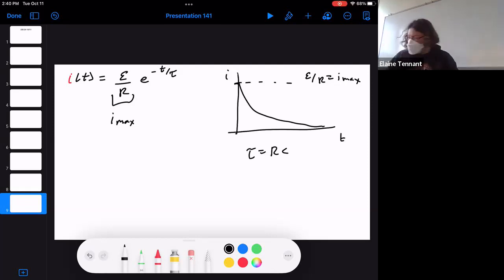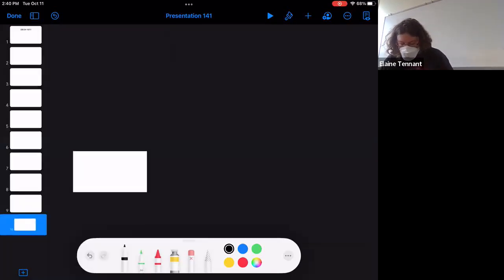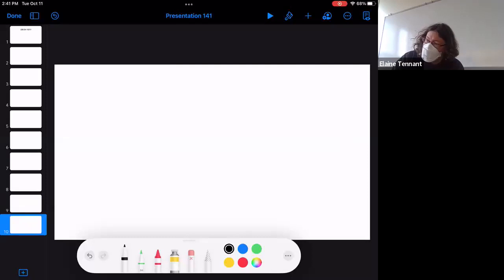But one thing I particularly like is that on number 25, they go through and they talk about the energy in a charging RC circuit. So we're kind of looking at the energy considerations here and where we think the energy is at any point in time. And so they have a slightly different RC circuit.